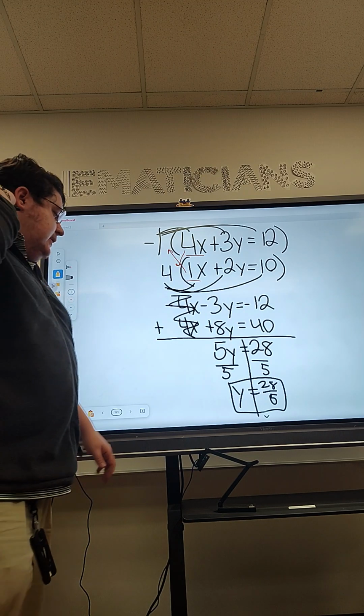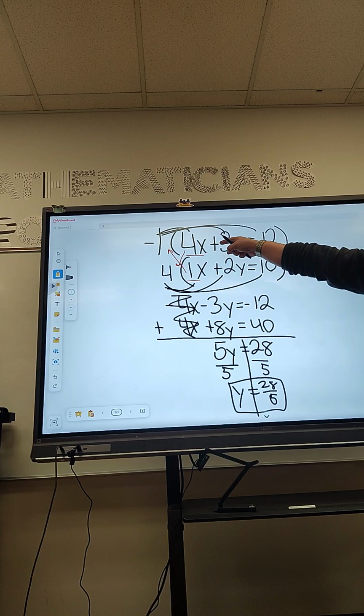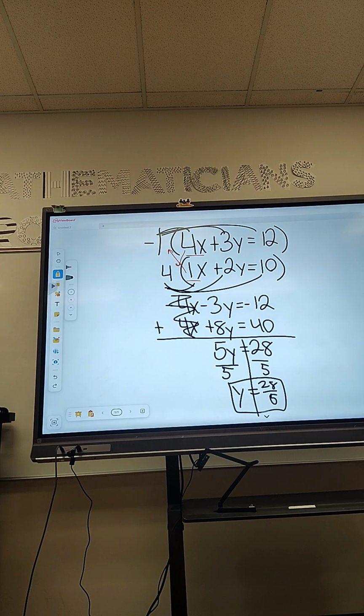Okay, now that I know what y is, I also need to find what x is. So in doing this, you are going to pick one of the original equations, either this 4x plus 3y equals 12, or this 1x plus 2y equals 10, whichever one you want.